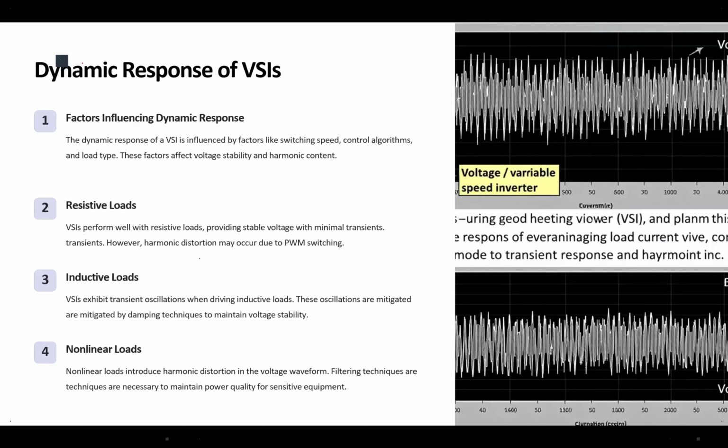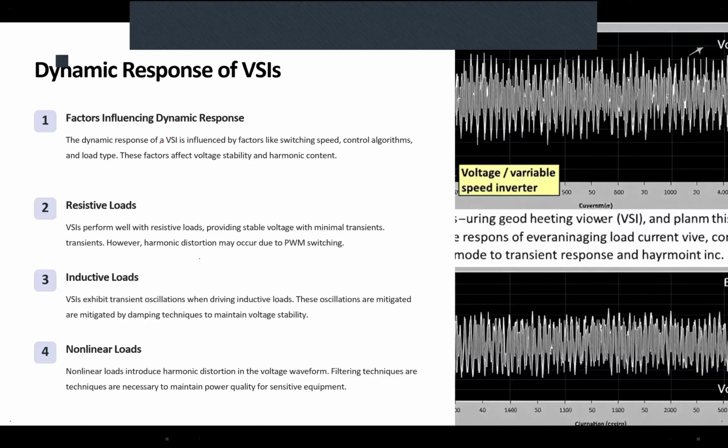Now, what should the dynamic response of the voltage source inverter be? What is the characteristic of that? In voltage source inverters, the factors that influence how the inverter responds to a sudden change, how it behaves when you change something at the output, depend on the switching speed, control algorithm, and load type.